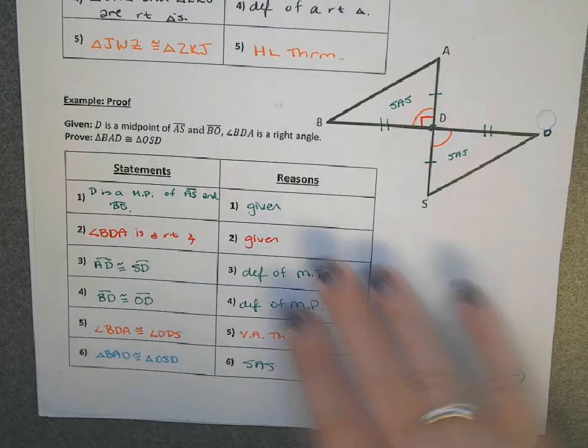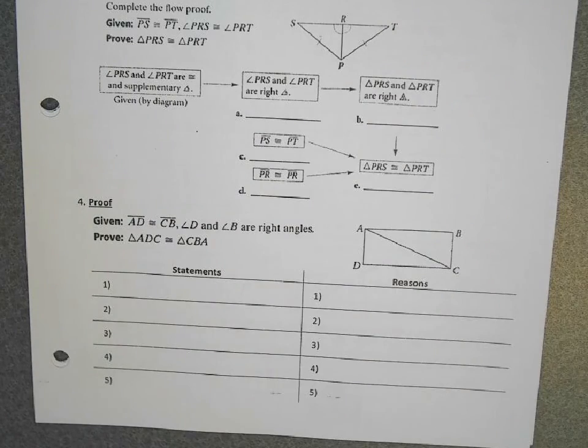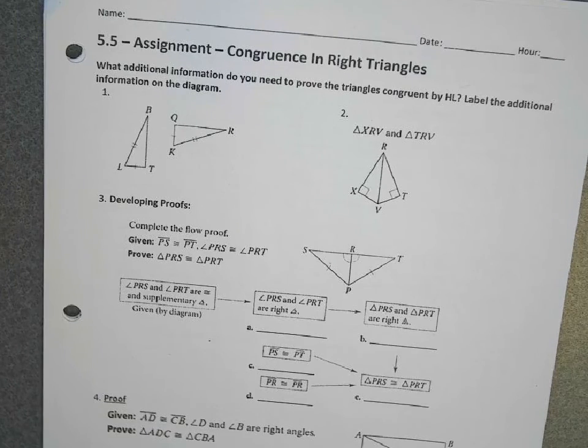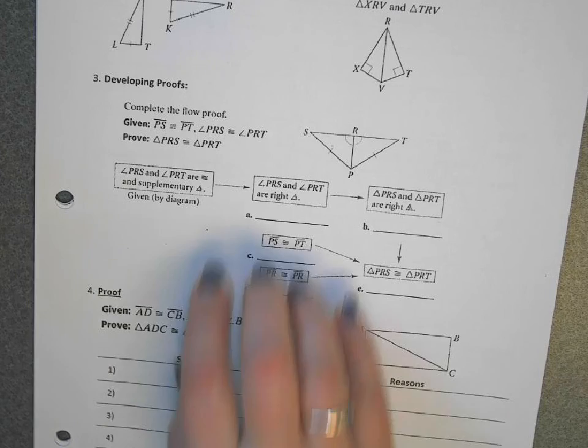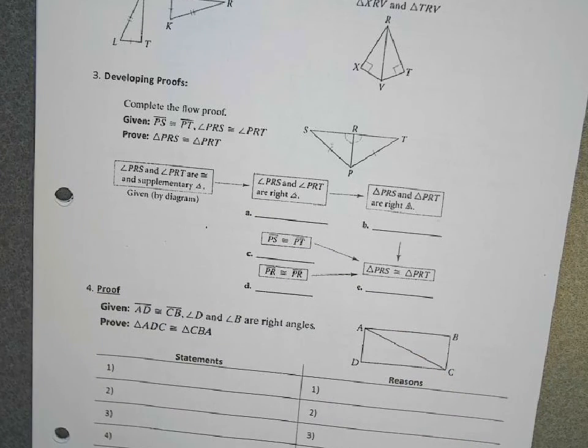All right, so then if you look at the next assignment, it has some guided proofs for you. 1 and 2 says, what additional information would you need in order to prove using the HL theorem? So label that additional information. Number 3 and 4 are proofs. Number 3, the proof is pretty much done for you.